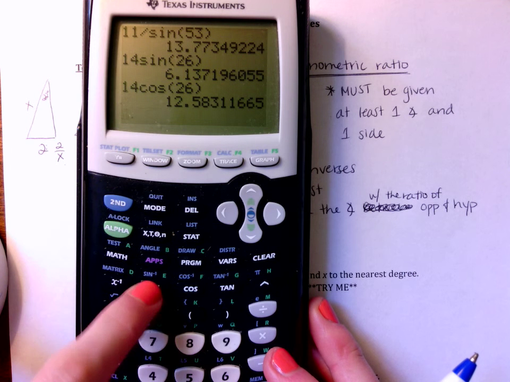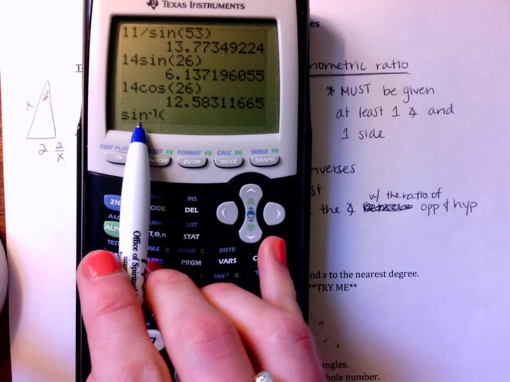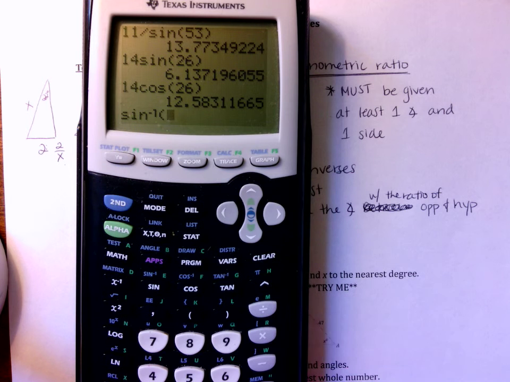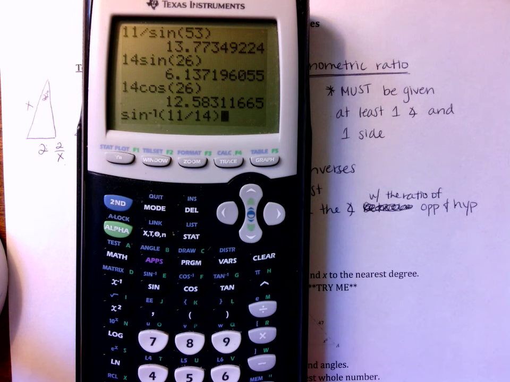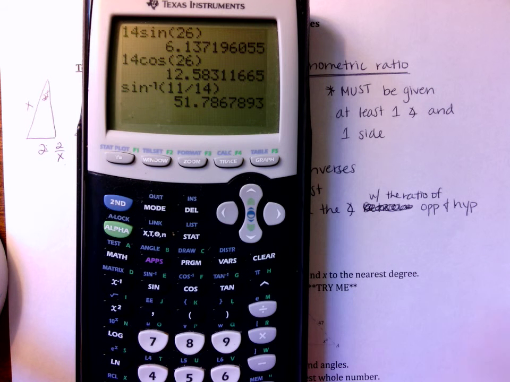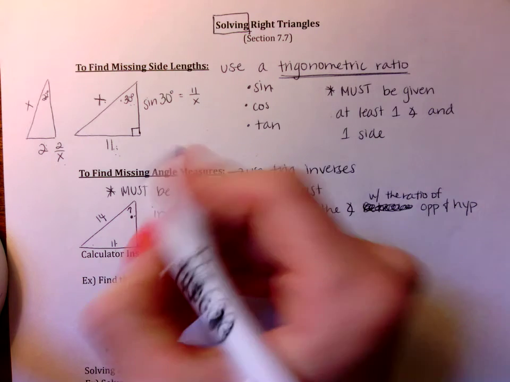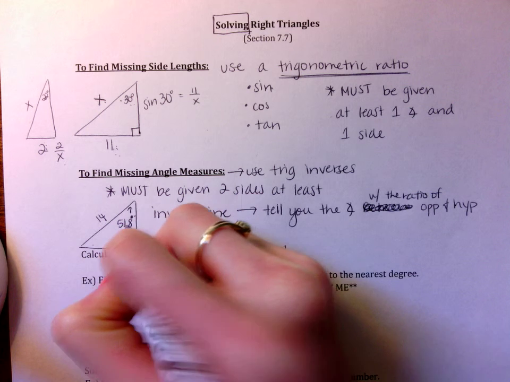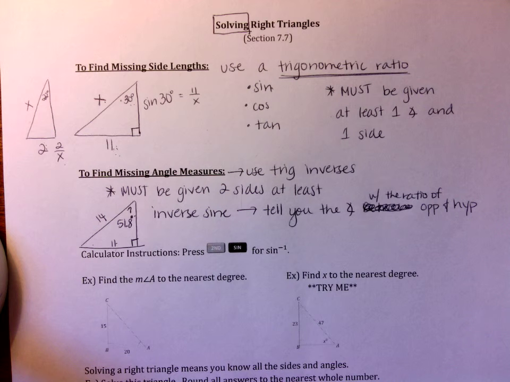So we hit second, hit this, it comes up as inverse sine, which tells the calculator I want to find an angle if I have the ratio for sine as 11 over 14, my opposite side over hypotenuse. That is going to tell us, oh, that angle between those two sides must be 51.8. And that looks about right. It's an acute angle, right triangle. Yep. Okay, so let's do another example like that.